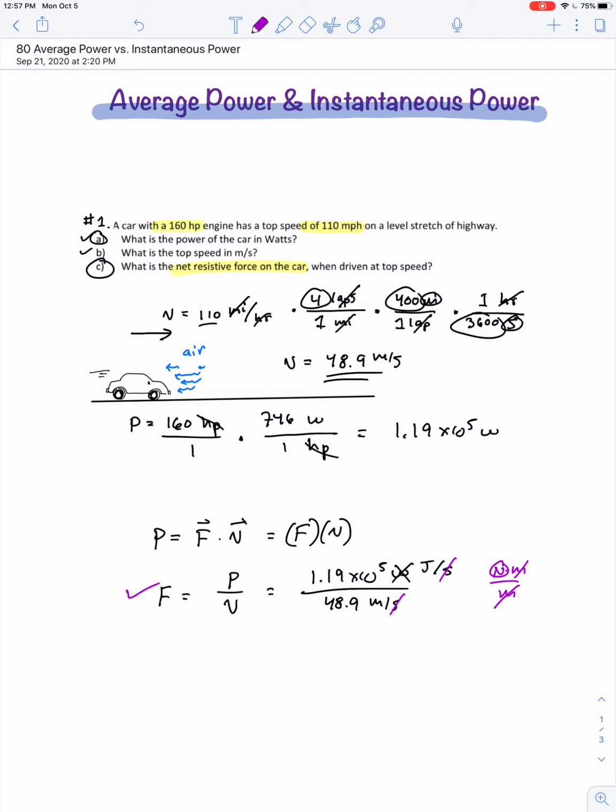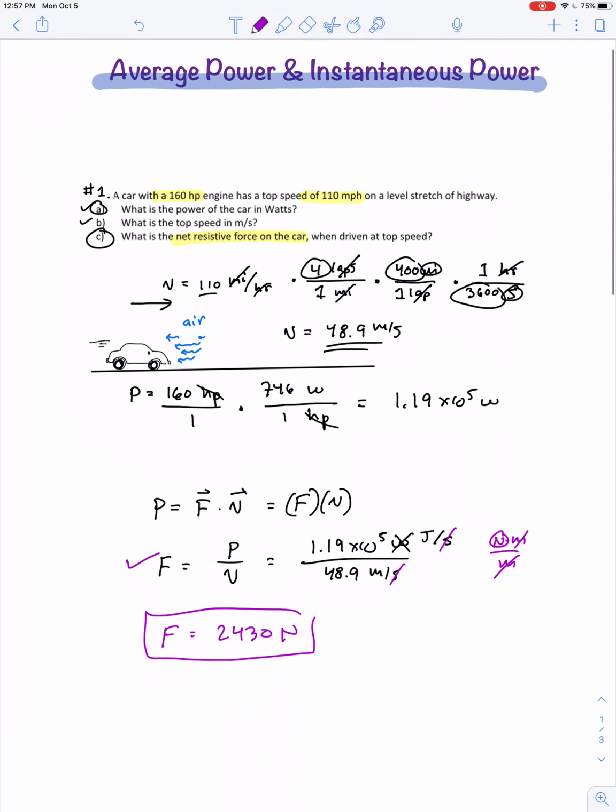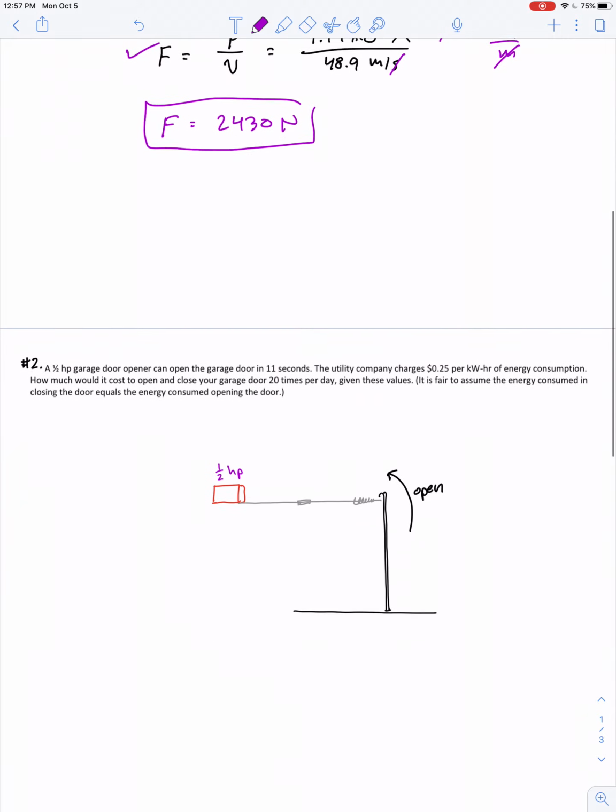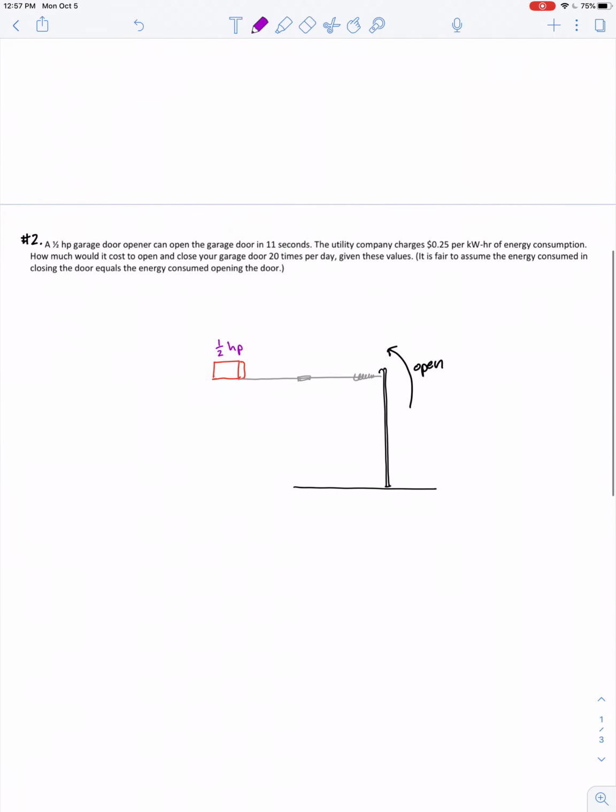If you grab a calculator and divide 1.19 times 10 to the 5th by 48.9, you get a force of about 2,430 newtons.